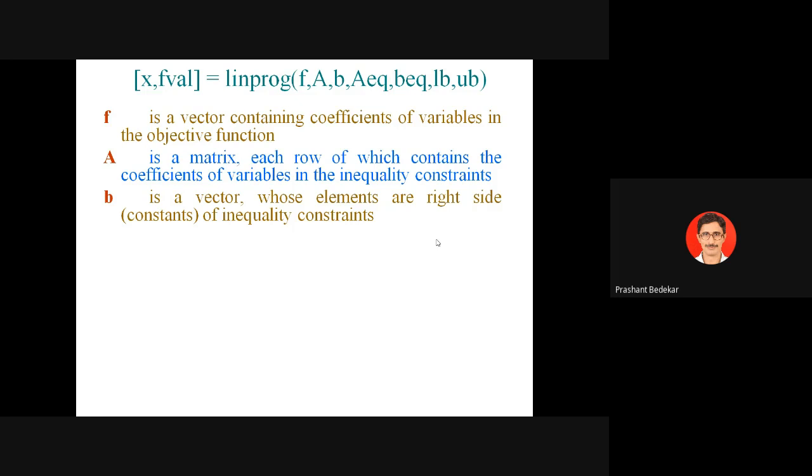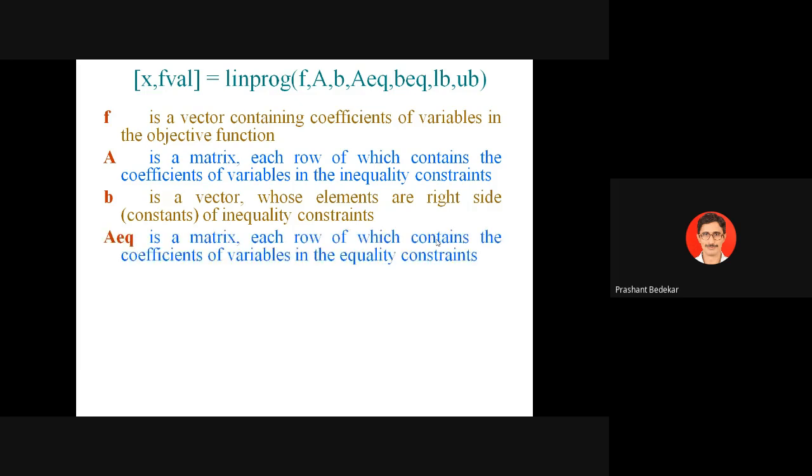So AEQ is a matrix which takes care of the left hand side of equality constraints, in which we write the coefficients of variables in the equality constraints. First row is formed by first equality constraint, second row by second equality constraint, third row by third equality constraint, and so on.